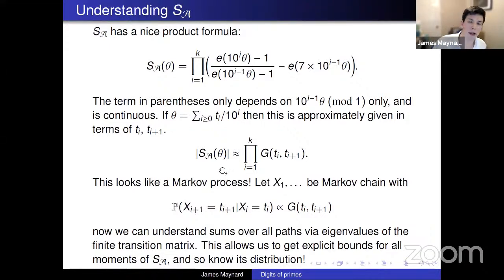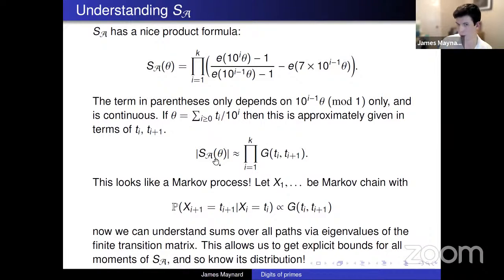And in particular, recasting this as this sort of ergodic problem with random walks means that you can understand everything about this Markov process just by understanding the finite transition matrix. So this Markov process where I'm just defining these transition probabilities, the whole transition matrix is just an explicit 10 by 10 matrix that you can write down. And by understanding the eigenvalues of this transition matrix, you can understand basically the complete distribution of this Fourier transform.